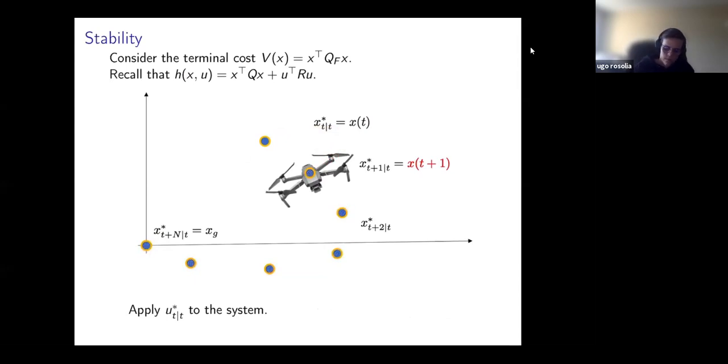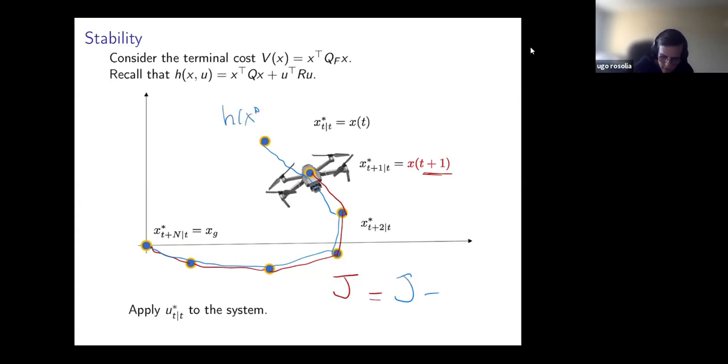So let's consider this trajectory in red, which is again a feasible trajectory at time t+1. What we notice is that the cost associated with this feasible trajectory is equal to the cost associated with the trajectory that we computed at the previous time step, J, minus the stage cost evaluated at our initial point.